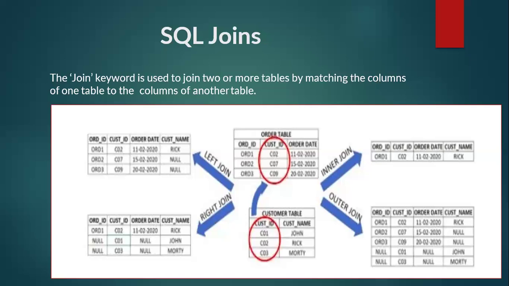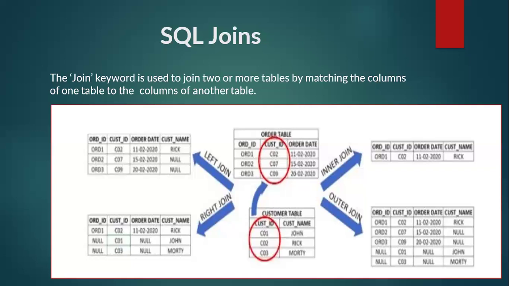Let's understand with the help of this example. You are able to see the order table, and also the customer table, right? So there are two tables, order table and customer table. Just look at the inner join table, the resultant table created through inner join, on the upper right corner.